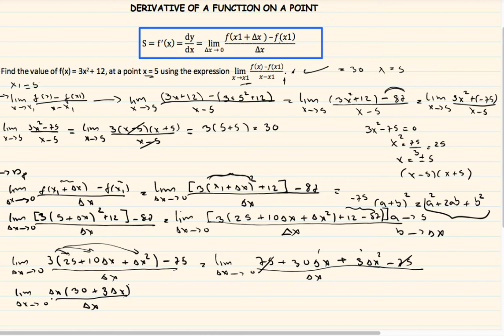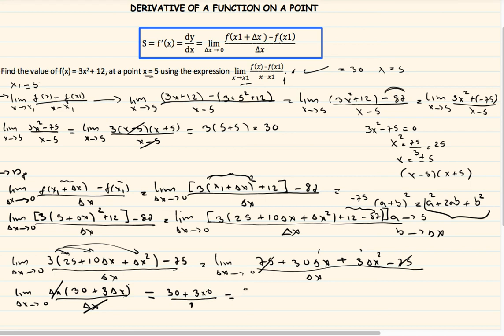Now we can simplify this and this, and because we have simplified, we can directly replace the value of delta x by 0. So we have 30 plus 3 into 0, divided by 1, since there is nothing else over here.